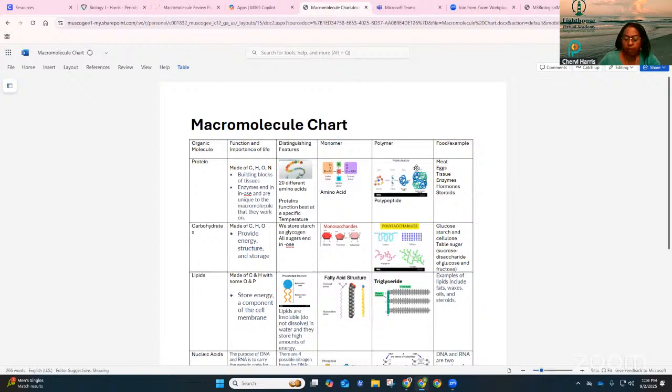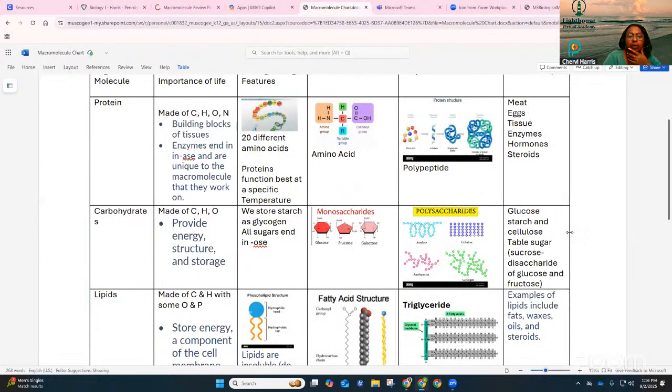Okay, I added that to this chart. You add it to yours, because it's not going to be on the one that's in the module. All right, so I added this.